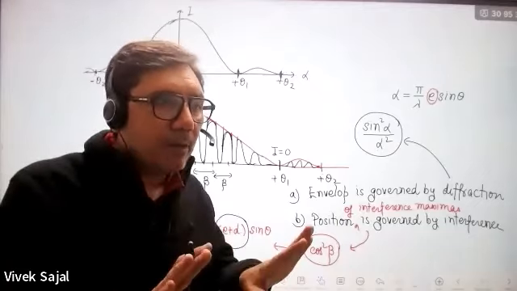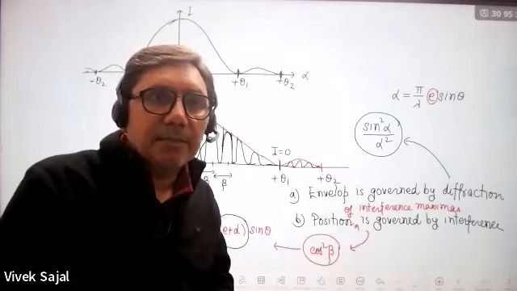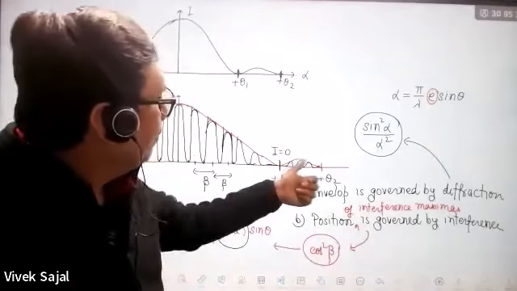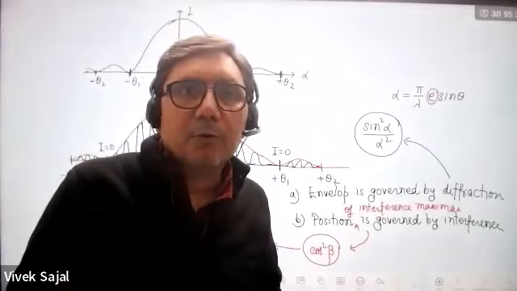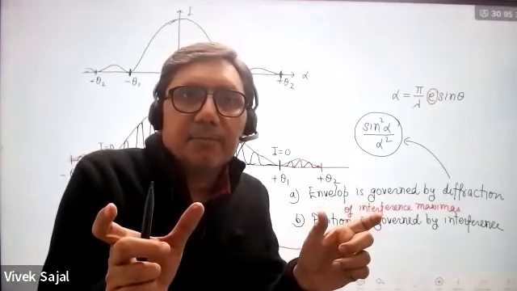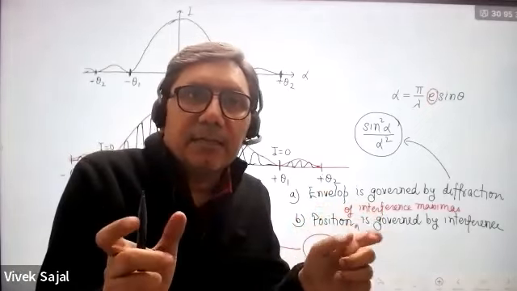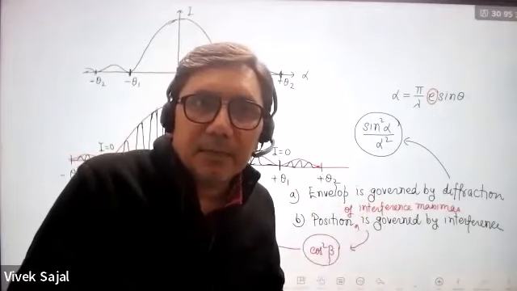In very simple words, suppose there is no diffraction, only the YDSE experiment is there, and I am assuming at plus minus theta 1 and plus minus theta 2 directions you are getting interference maxima. Now you increase the width, and suppose at theta 1 and theta 2 diffraction minima is occurring.